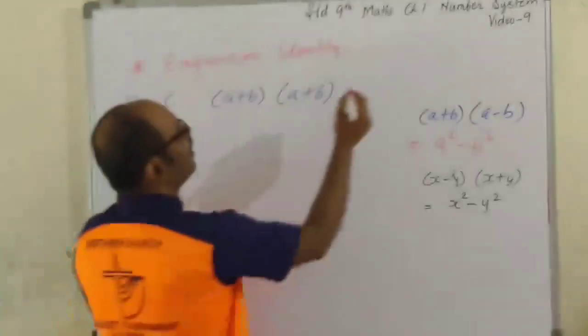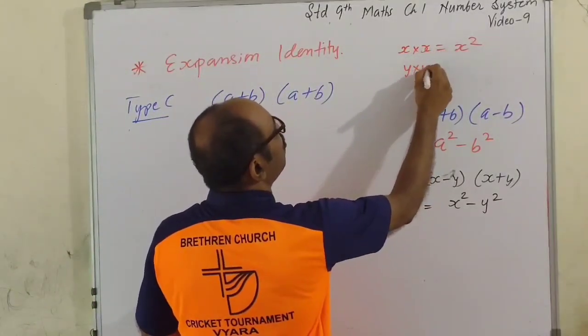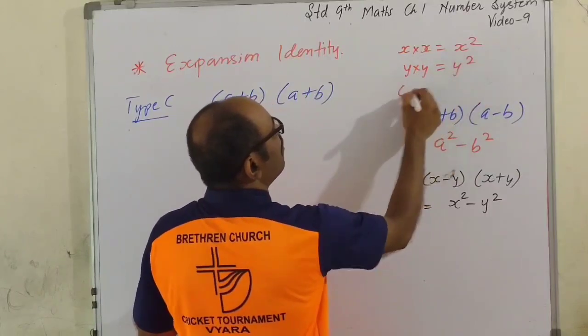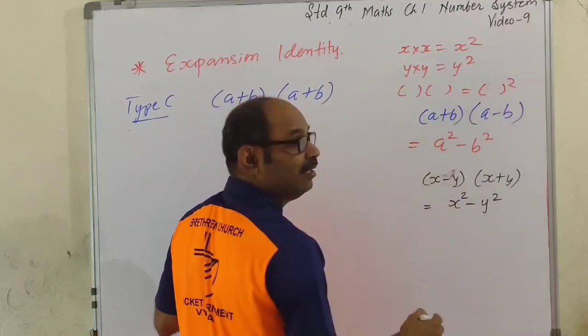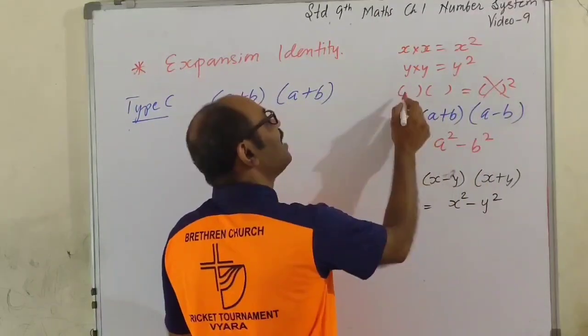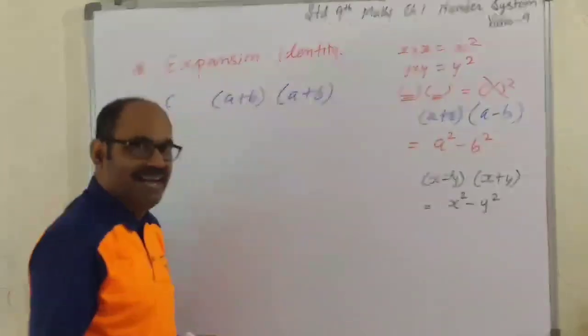In fact, both the binomials are same. When both the binomials are same, say suppose x into x, so what do you write? X square. Y into y, what do you write? Y square. Bracket into bracket, what can you write? Bracket square. Can you write? No. You can write if these brackets are same. Here you don't know what is in the bracket.